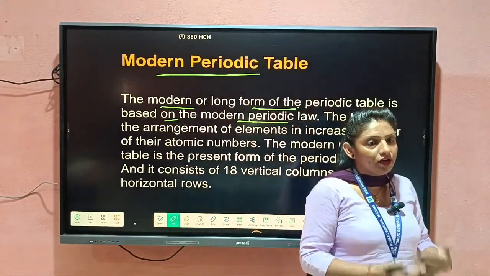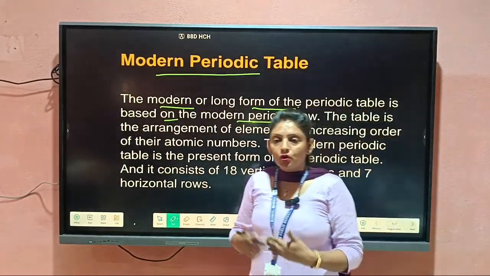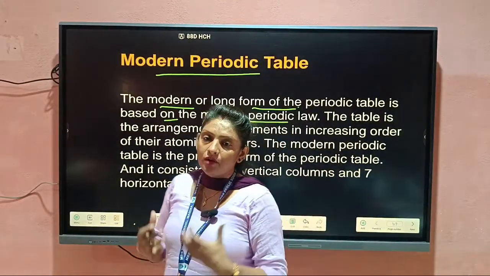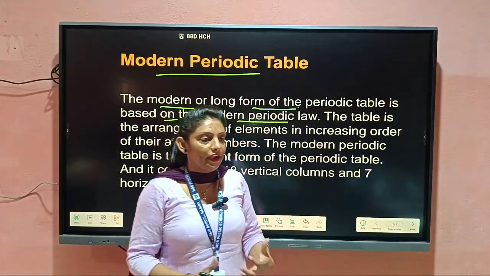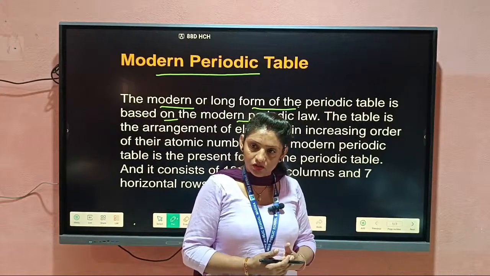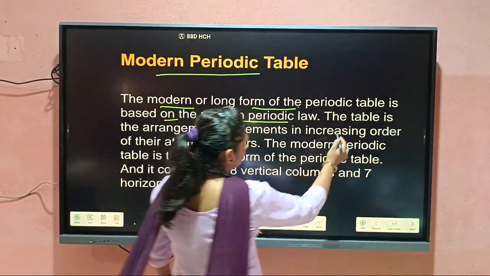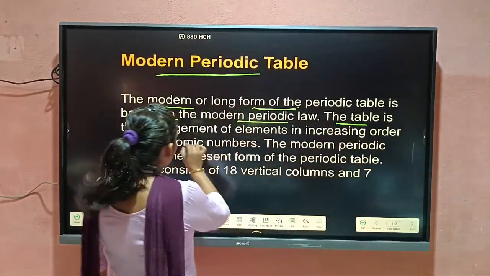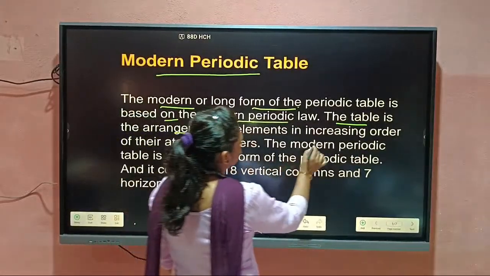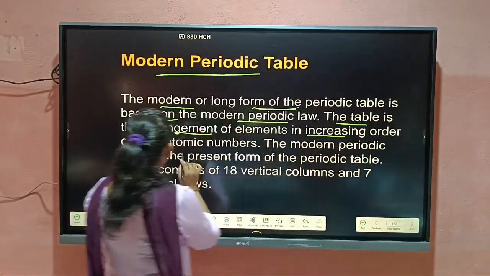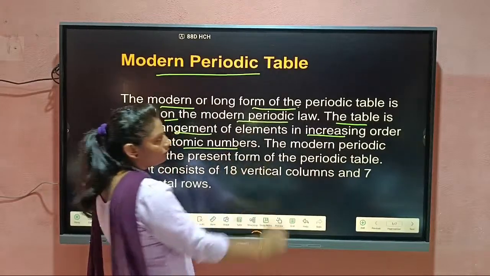So according to the modern periodic law, the properties of elements are a periodic function of their atomic numbers. The table is an arrangement of elements in increasing order of atomic numbers.